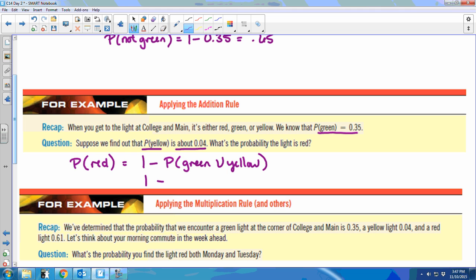So that's 1 minus 0.35 plus 0.04. They're disjoint. It can't be green and yellow at the same time. So that's 1 minus 0.39, which is 0.61. Again, yes, I do want you to use the notation. I know you could figure that out without writing it all out.